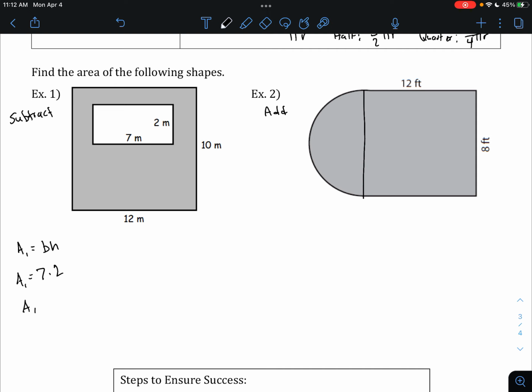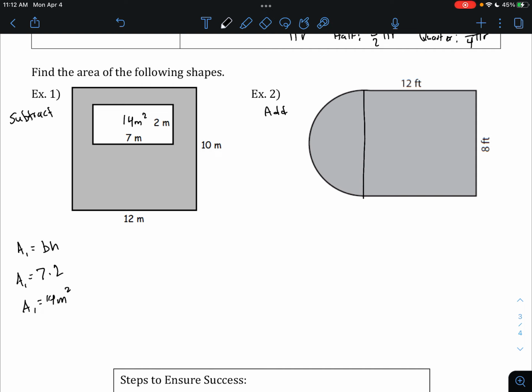So the area of the first shape equals 14 meters squared. And what I'm going to do is put that inside the shape. That's going to help us keep everything in the right place.